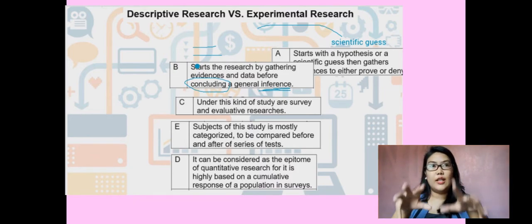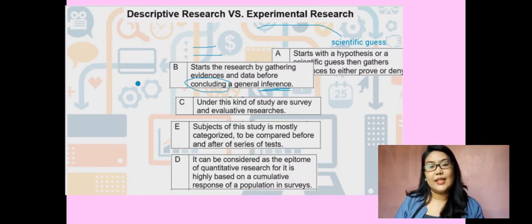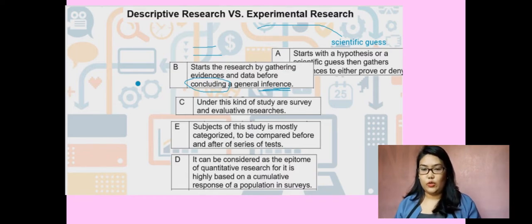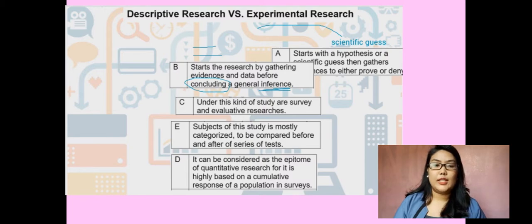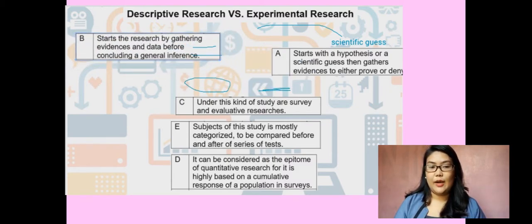And then after you gather it, you try to summarize it, you tend to interpret it, and then you could get your conclusion, your general inference. So where could we put this? Of course, it's the opposite, right? So this will be on descriptive research. Now, you see now their connection or their opposite relationship.